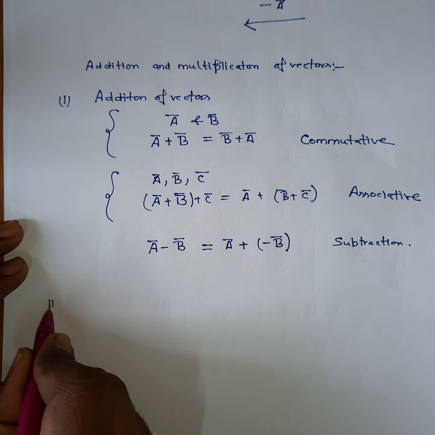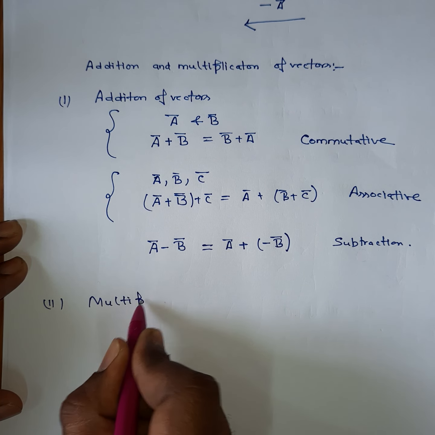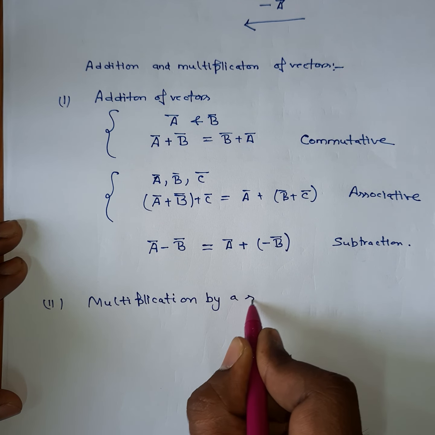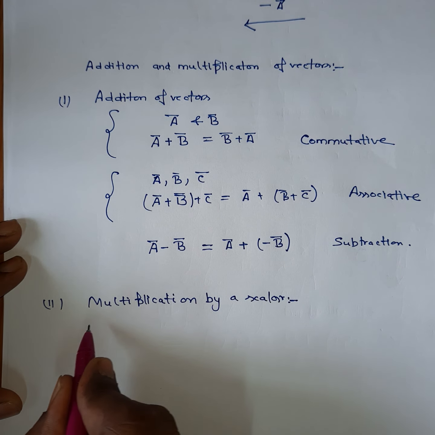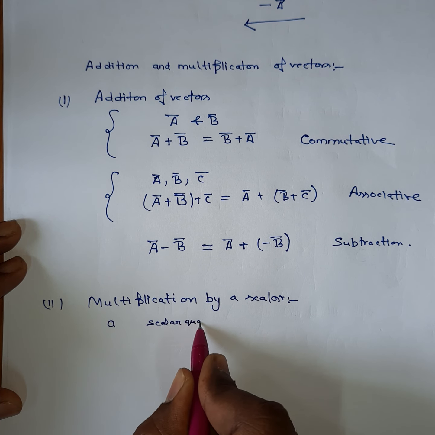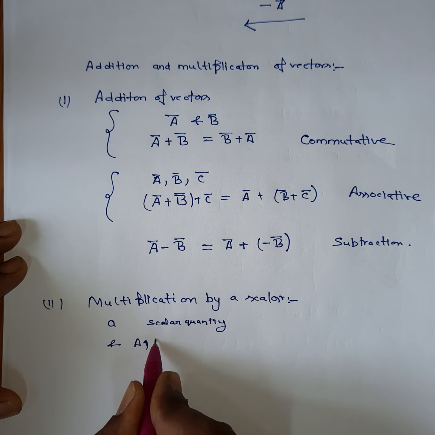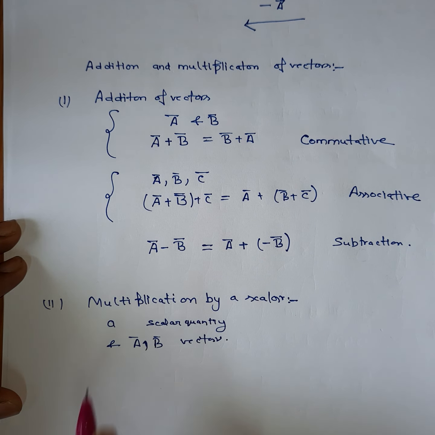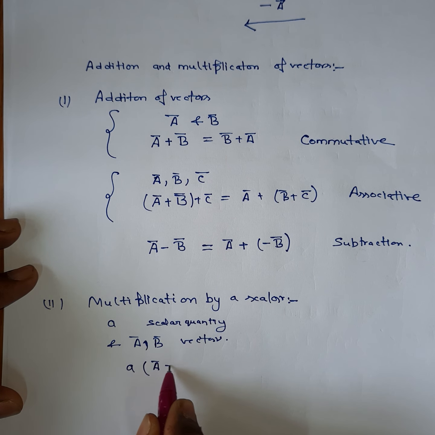Similarly, we can multiply a vector with any scalar. So multiplication by a scalar. Suppose a is some scalar quantity, and A and B are vectors, then you can write a times A vector plus B vector.